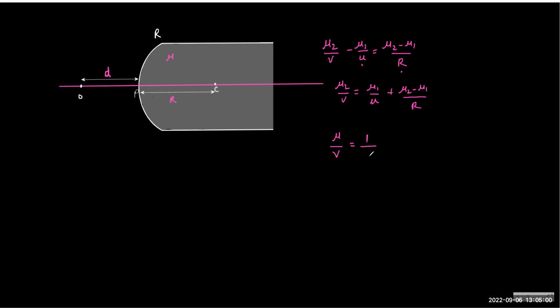And U is the distance of object from P, which is minus D. Then mu2 minus 1 upon R, and when you put R as a value, we have to put a sign, so plus R. Mu is anyway positive, so I will not replace mu. So this is the answer.